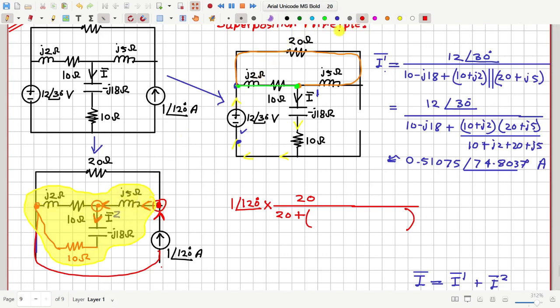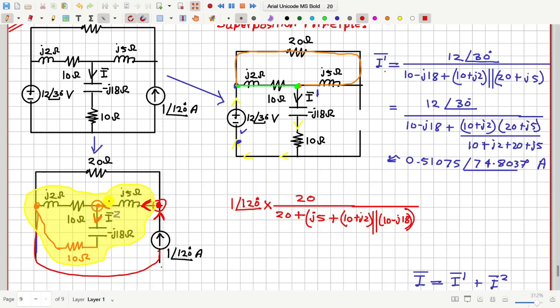So that is this J5 plus this parallel combination, which is 10 plus J2 in parallel with 10 minus J18. So this entire quantity is the current through this inductor.